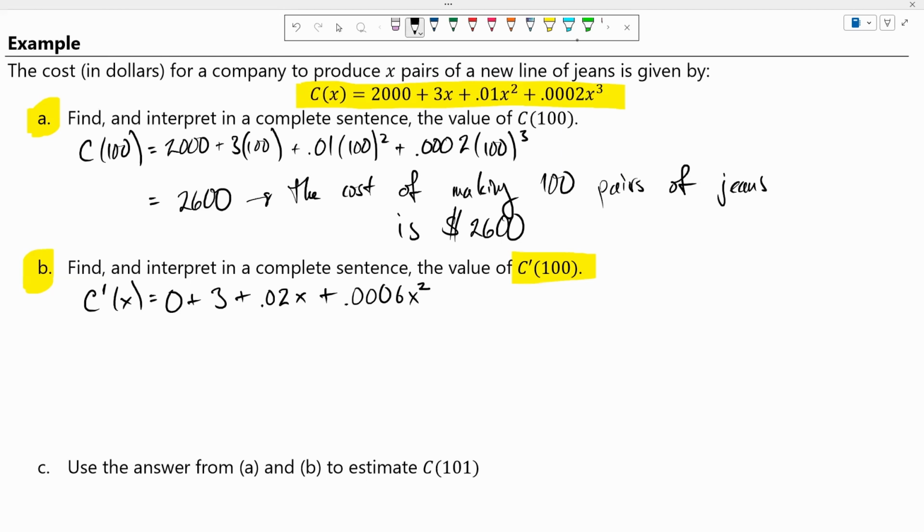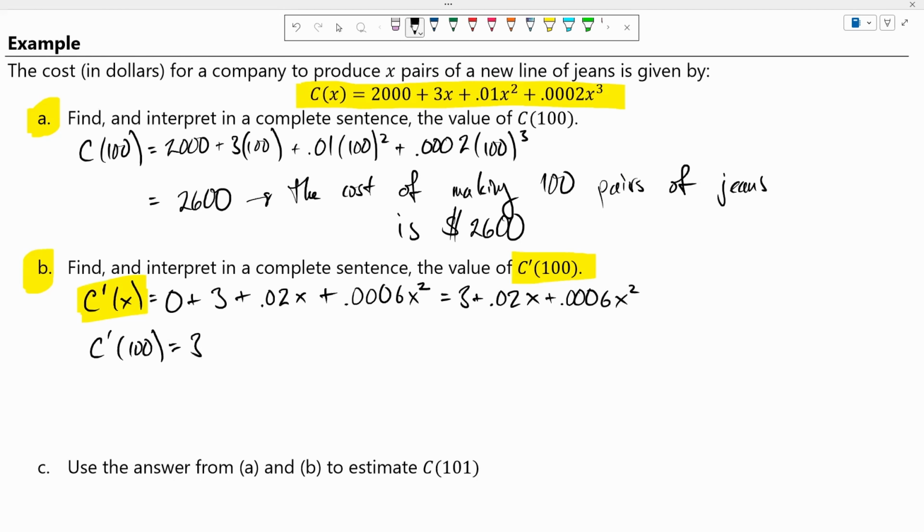Okay. C prime of 100 is exactly how you think, right? We're going to grab 100 and stick it into our function C prime. Okay. So that's going to be, and I'm going to reduce this really quick, 3 plus 0.02x plus 0.0006x squared, right?